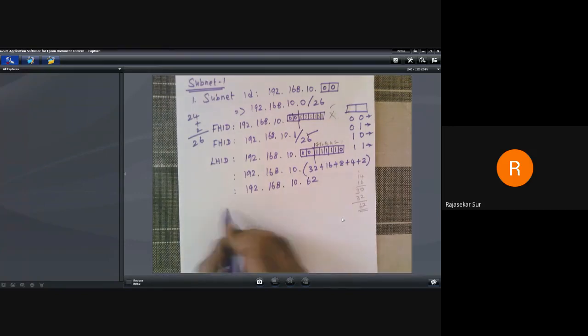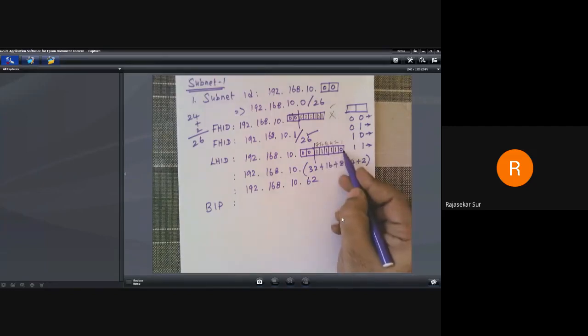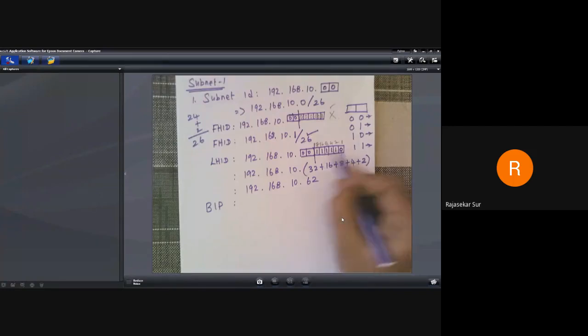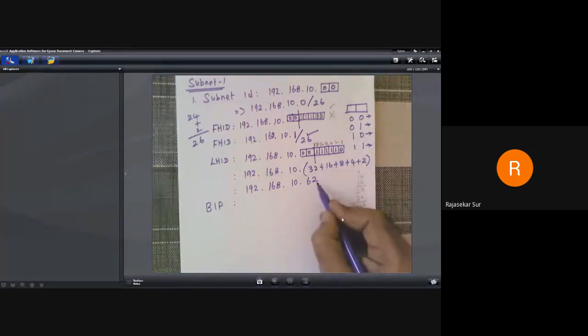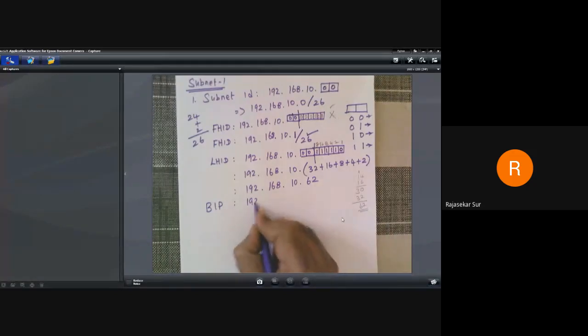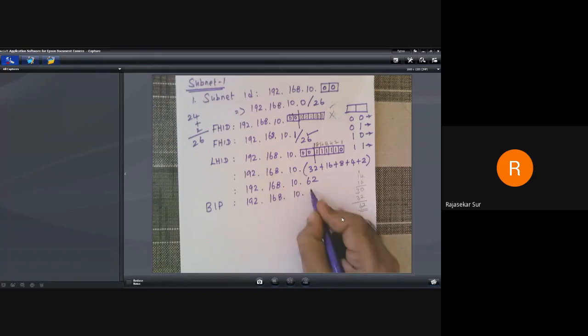Then I'm going for the next one, the broadcast IP address. What does a broadcast IP address mean? You make everything 1 in the host part. That means the last host ID plus 1. No need to calculate, directly you can write it: 192.168.10.63.